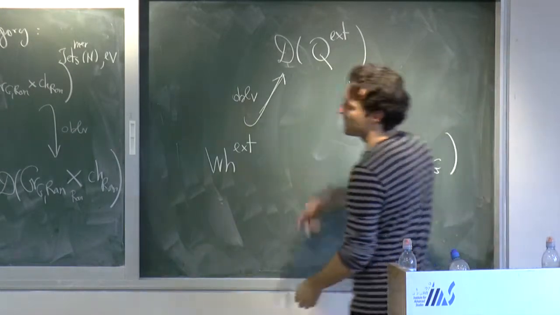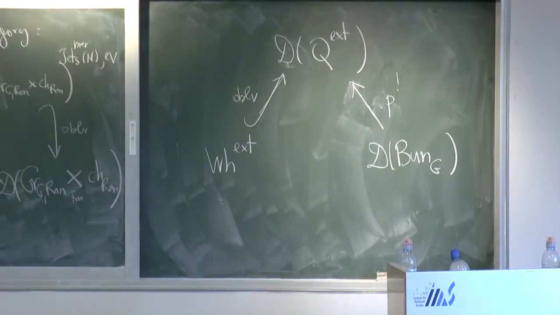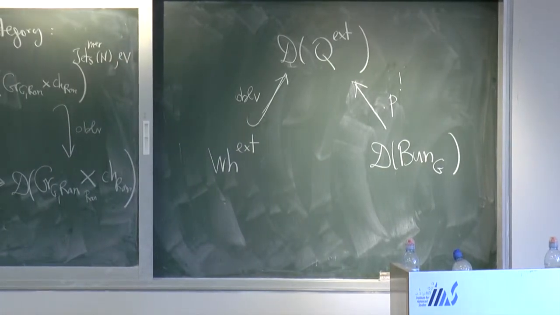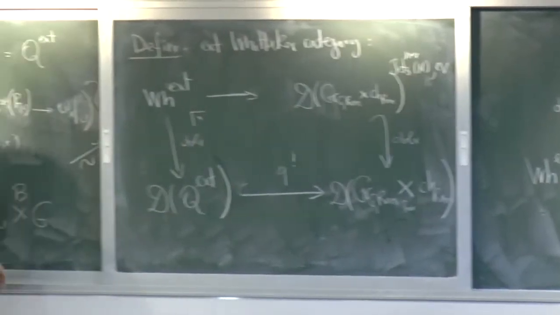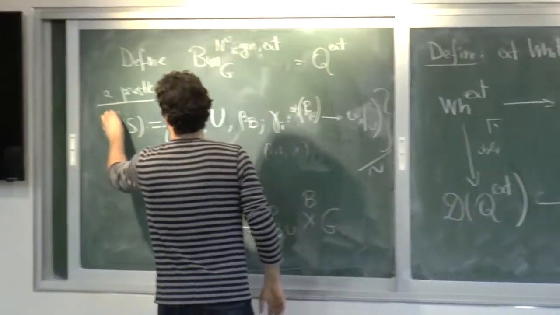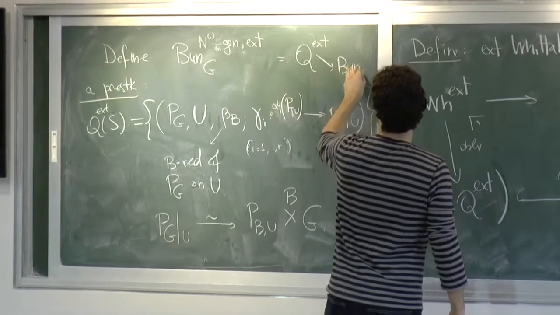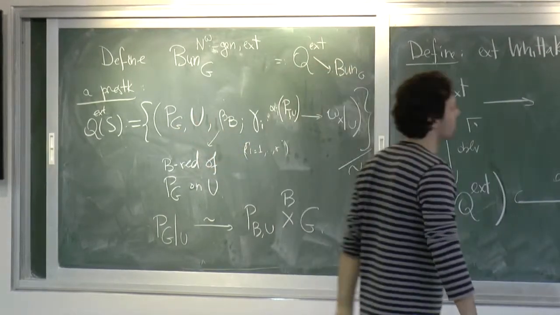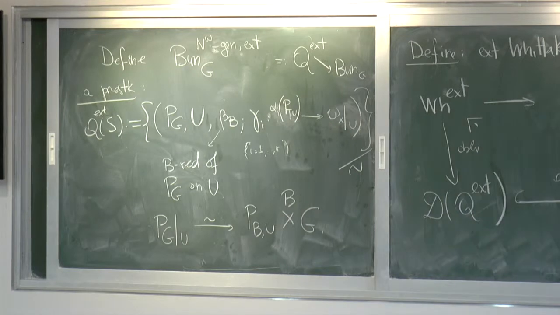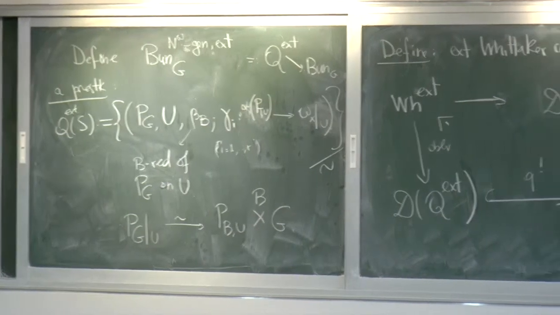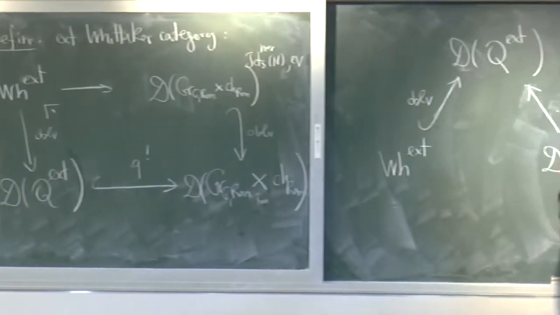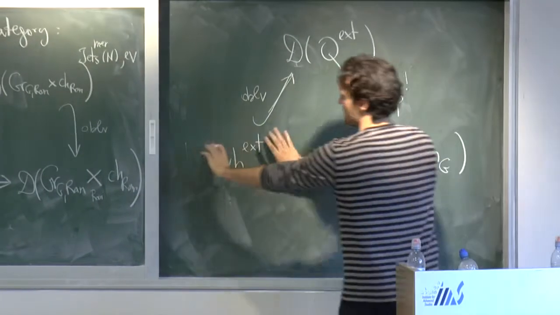Let me call P the projection from Q X to Bun G, the usual projection because my datum starts from a G-bundle. And I want an extended coefficient functor that goes from here to here.